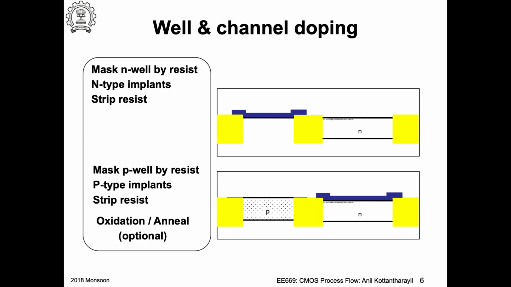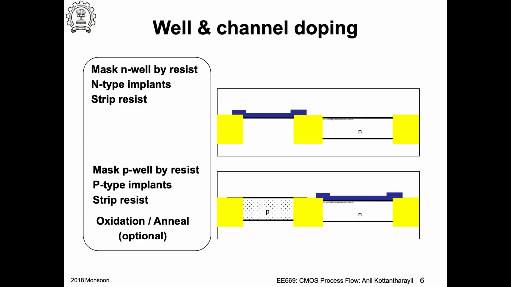And then you do the implantation of N-type dopants, typically phosphorus and arsenic, and usually you do 3 types of implants into it.